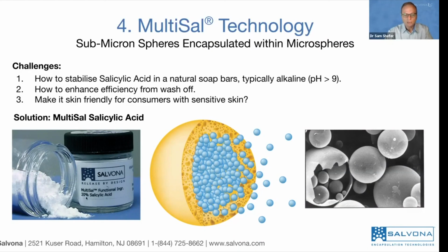How does it work and what's the mechanism to release? In order to release salicylic acid, two things have to happen. Number one, the shell, the yellow layer, has to totally dissolve, and then the SalSphere has to adhere to the skin and melt into the skin, and then it's releasing the salicylic acid.